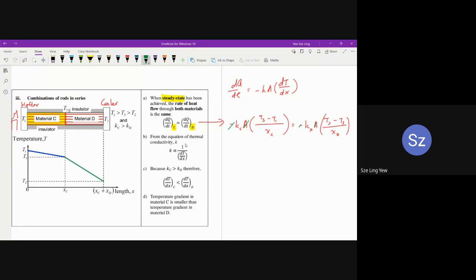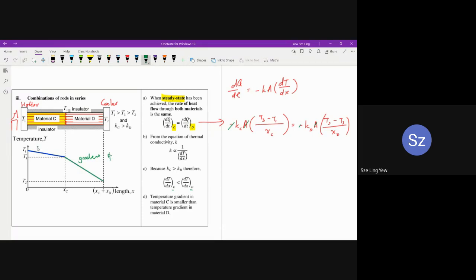From the equation of thermal conductivity, like I told you just now, k is inversely proportional to dT over dx. So if you have kC larger than kD, meaning C is a better conductor, then dT over dx for C is smaller than dT over dx for D. Therefore, if you look at this graph, for material C the gradient is less steep, while material D is steeper, with a higher, larger gradient.